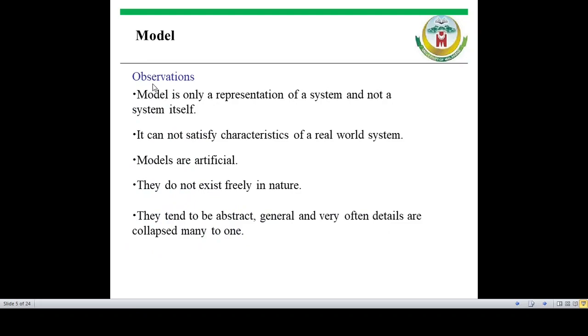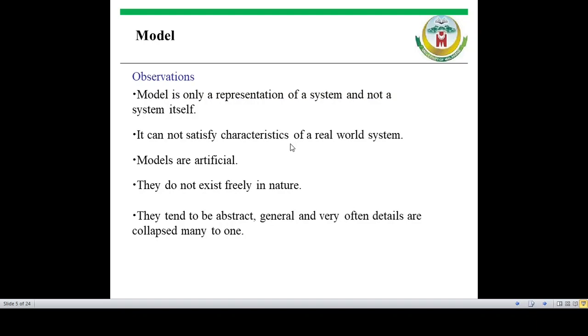Okay, now observation. A model is only a representation of a system and not the system itself. This is important to know, that a model is just a simple representation of a system. It can't satisfy the characteristics of a real world system. This is also important to know, that models are the simplified version. For example, when we take a world globe, this world globe represents the world, but this is not the actual representation.